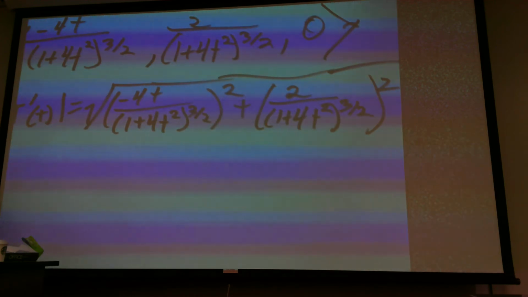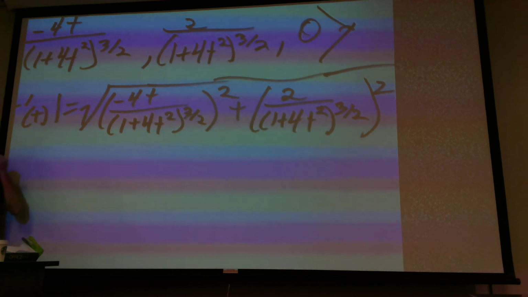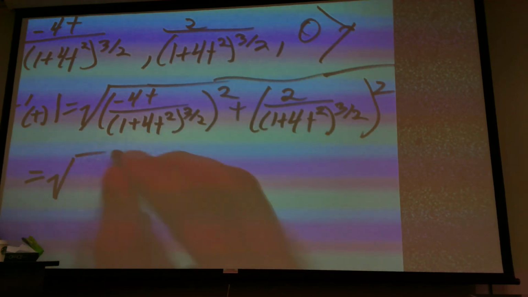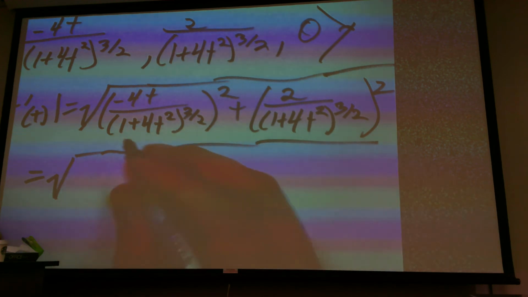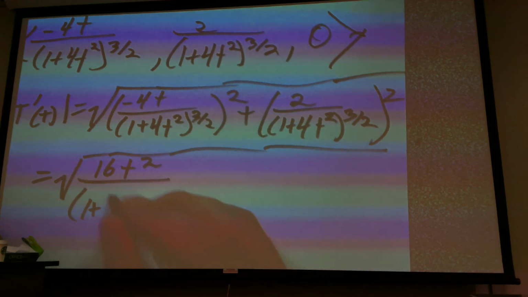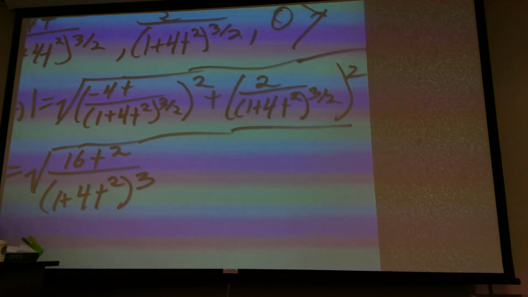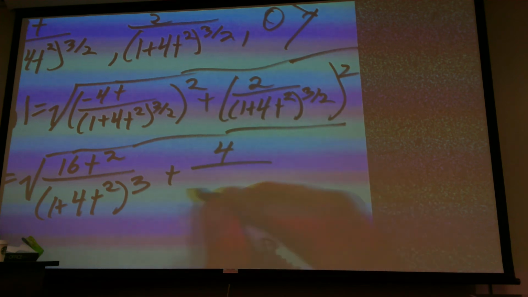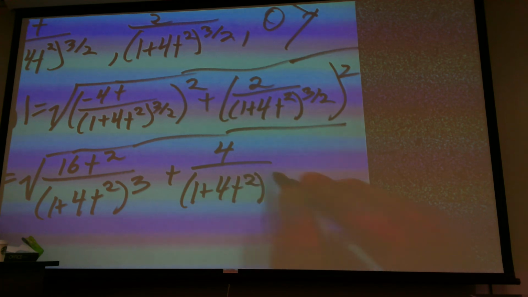Okay, so that's going to equal the square root. Okay, so this is going to be 16t squared divided by 1 plus 4t squared cubed. Okay, now plus 4, now 1 plus 4t squared cubed.